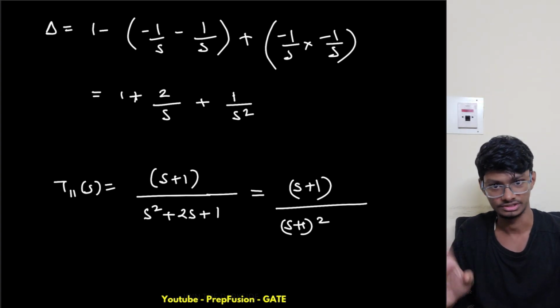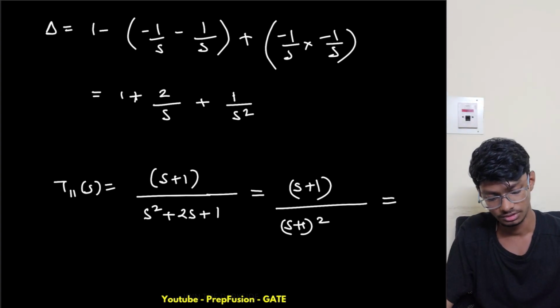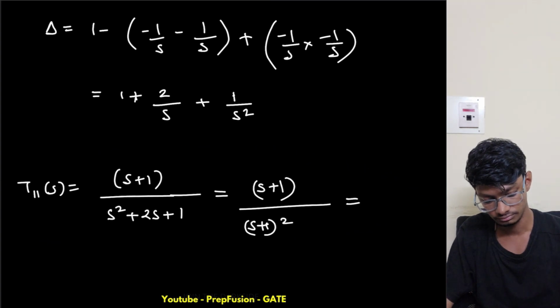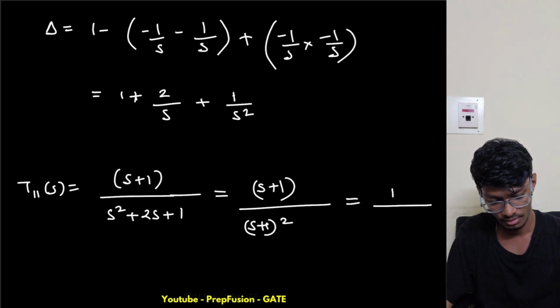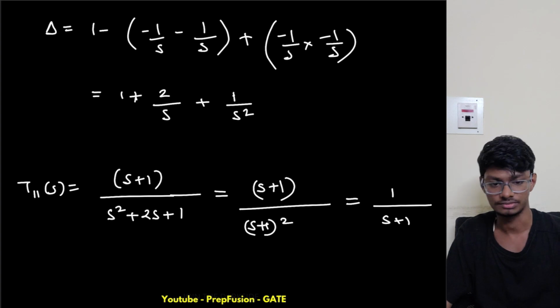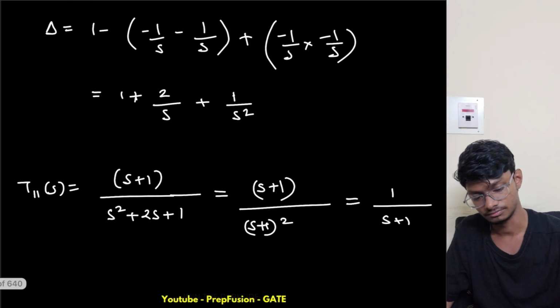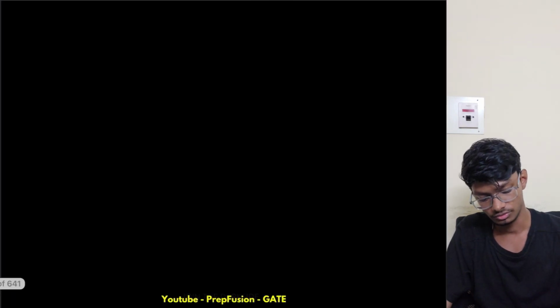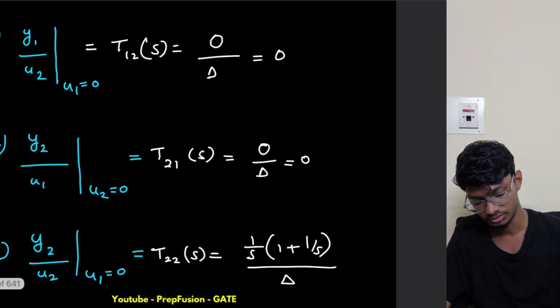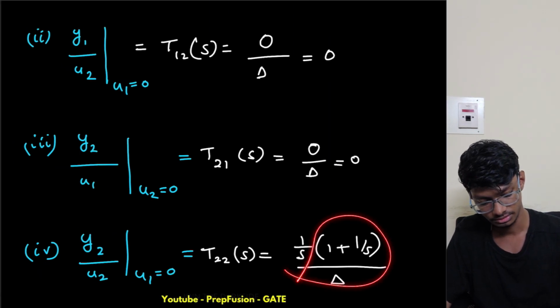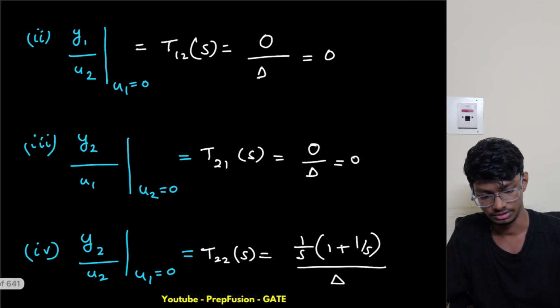So this is the formula, you know, s square plus 2s plus 1. So this is 1 by s plus 1, as we got in the first method. So t22 will also be similar. So this and these are similar only, so this will be same only.